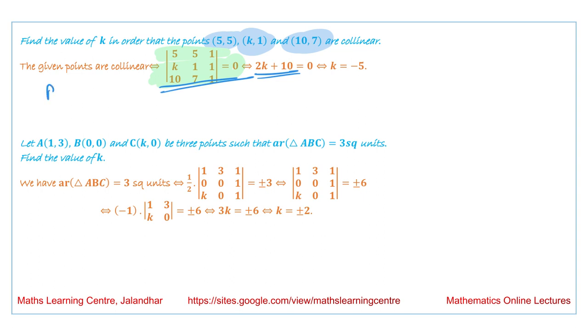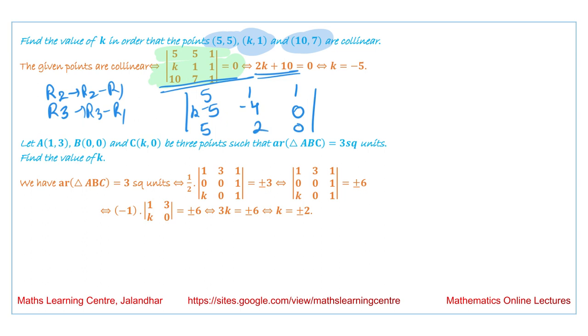So we can perform the operation that row 2 approaches row 2 minus row 1, row 3 approaches row 3 minus row 1. This determinant will become 5, 1, 1. These two terms will become 0. Then it is k minus 5 and this is minus 4. Then this is 5 and this is 2.